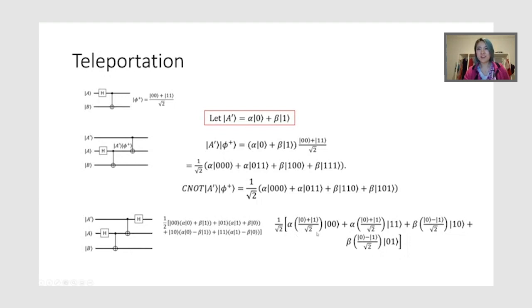So I'm going to talk slowly. When you apply an H to the state here, it is only applying to the first qubit. So you just write out what you would expect from 0s and 1s. So that's what your whole system, the 3 qubits, become after you do this entanglement.